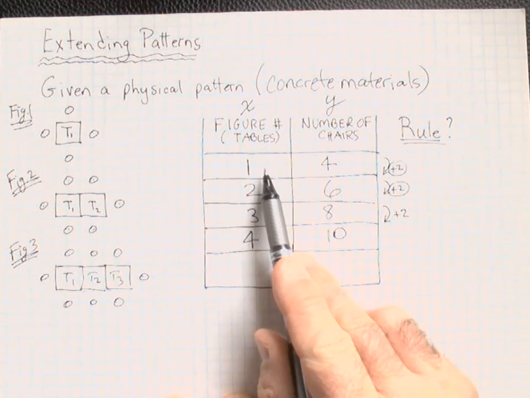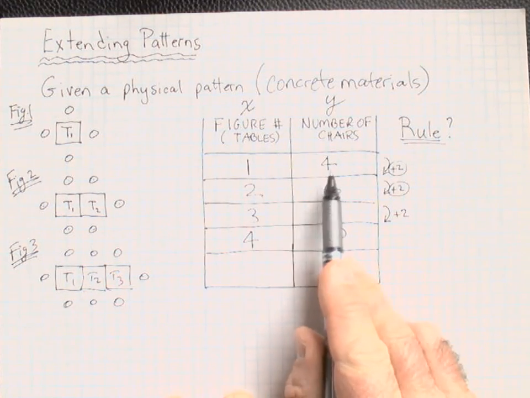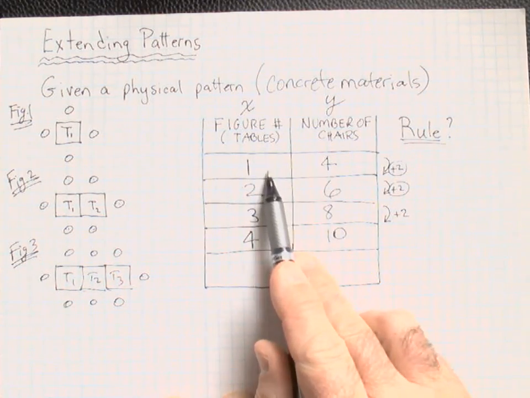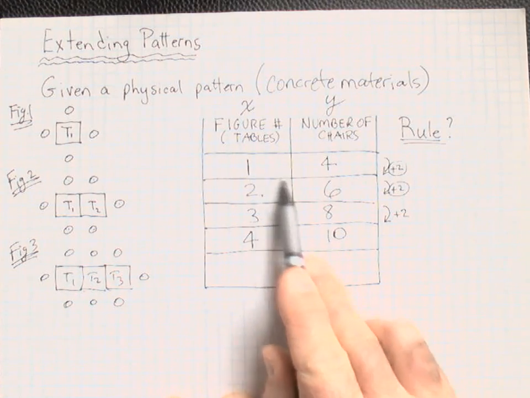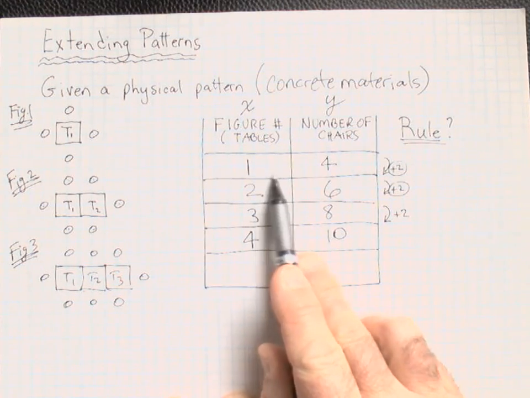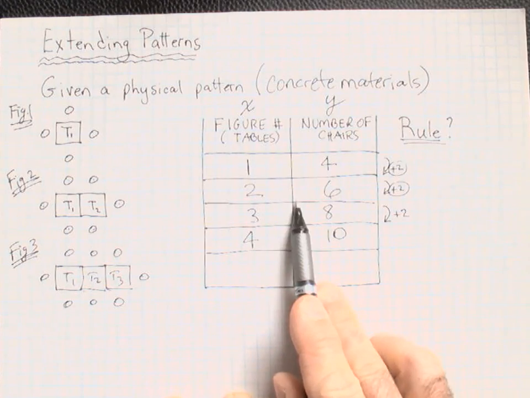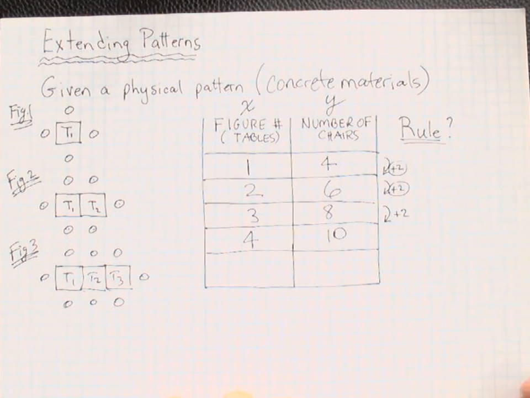So what are we doing for the figure number to get to the number of chairs? At first it looks like we add 3, but that doesn't work for here. 1 plus 3 is 4, but 2 plus 3 is not 6.